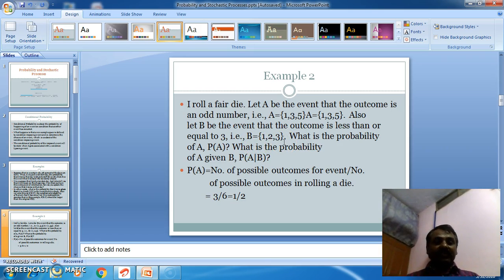What's the probability of A, P of A? What's the probability of A given B, P of A by B? We can write P of A is equal to number of possible outcomes for event A divided by number of possible outcomes in rolling a die, that is 3 by 6 is equal to 1 by 2.